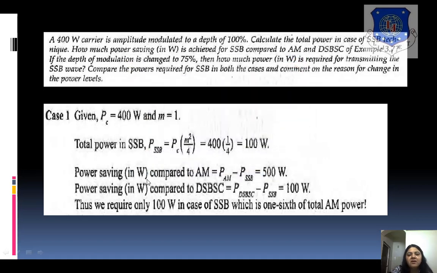Power saving compared to AM is equal to PAM minus PSSB, which is equal to 500 watt. So power saving compared to DSB-SC is PDSB-SC minus PSSB. So it is equal to 100 watt. So we require only 100 watt in case of the SSB, which is 1/6 of total AM power.